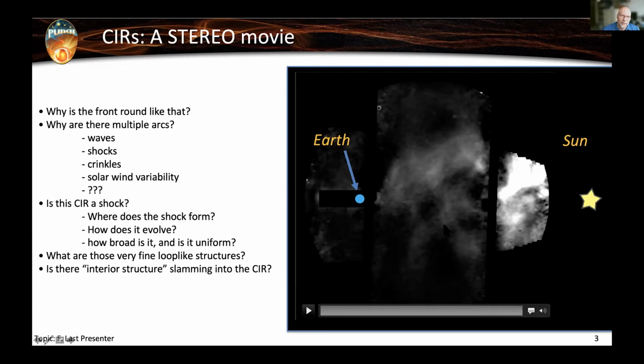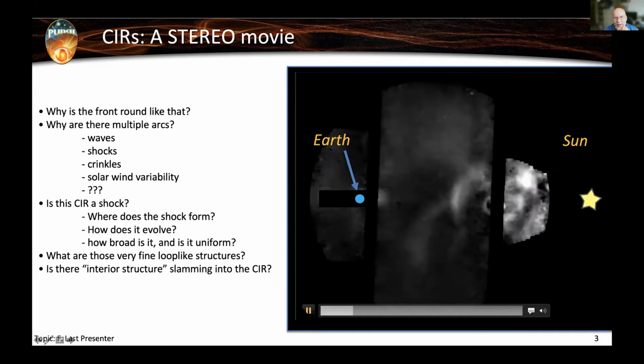Okay, right above that, you'll see a little dark lane between two bright features. It's just a faint little lane, hard to see. There, right there. Sorry, I should have operated the slides. That persists over several frames. That's a real effect. That's not just in that frame.